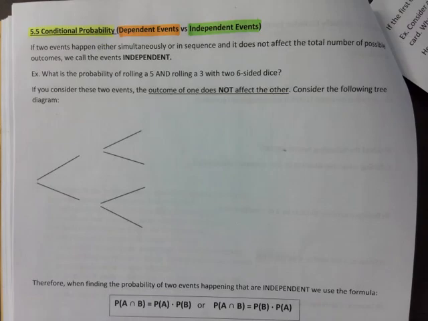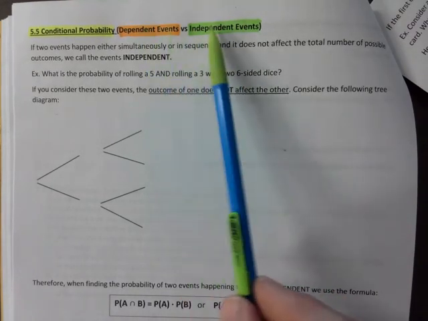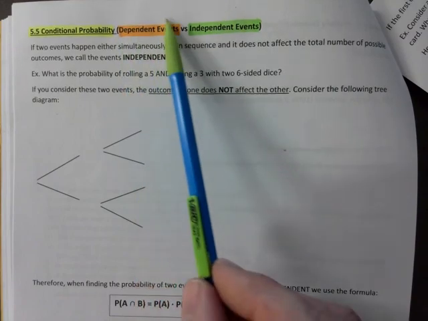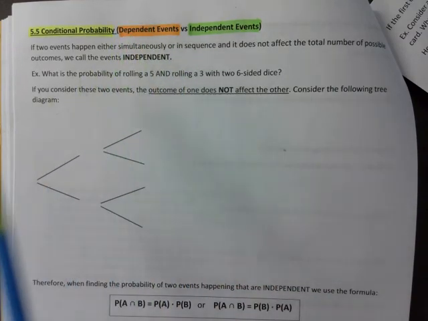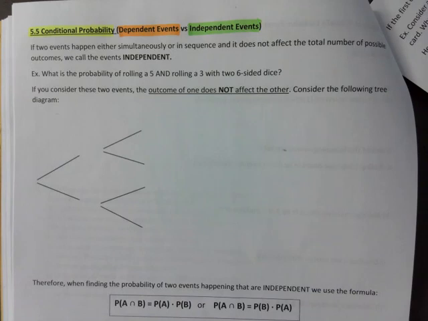And in particular, obviously I want to show you the difference between them, but we're going to spend a bit more time now on dependent events, where something happens beforehand and affects our current probability.